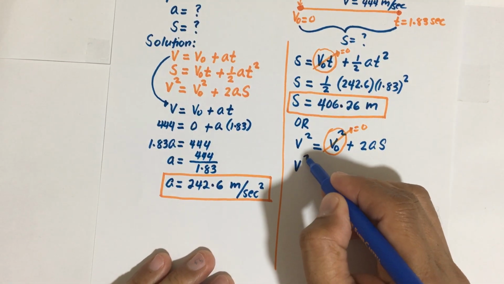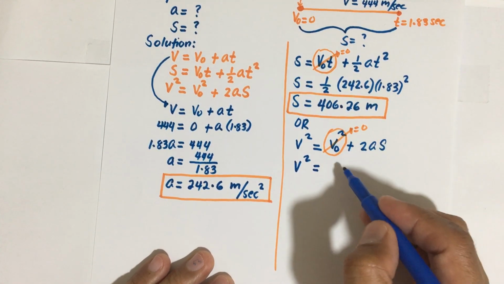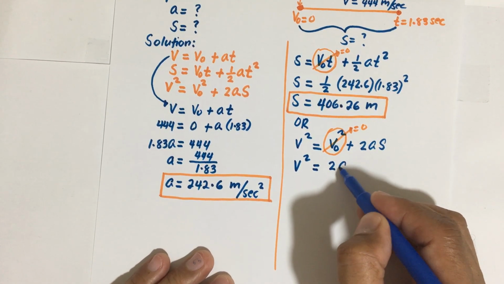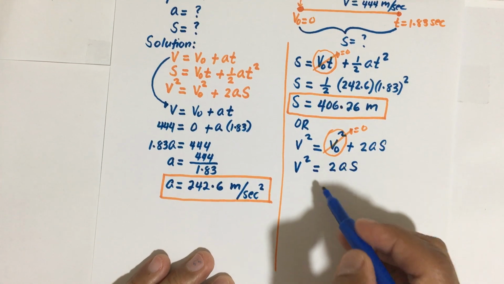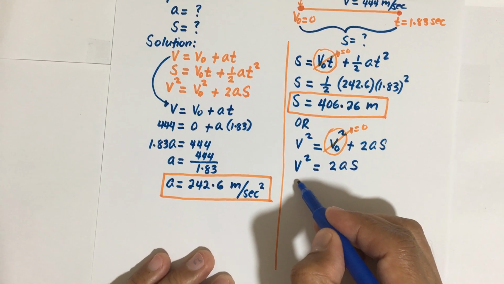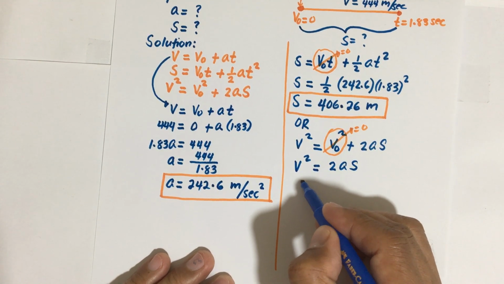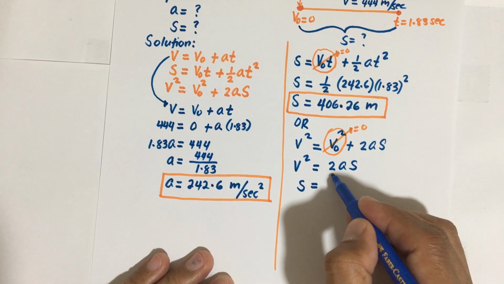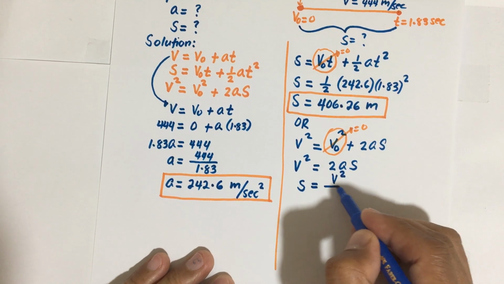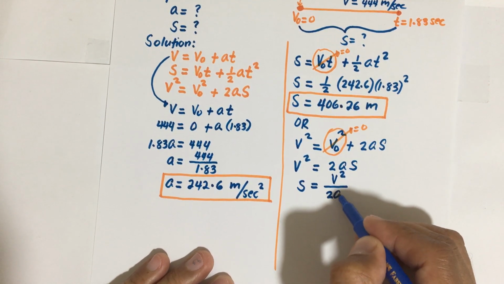So v squared is equal to 2 times a times s. Solving for s, divide both sides by 2a. Therefore s is equal to v squared over 2 times a.